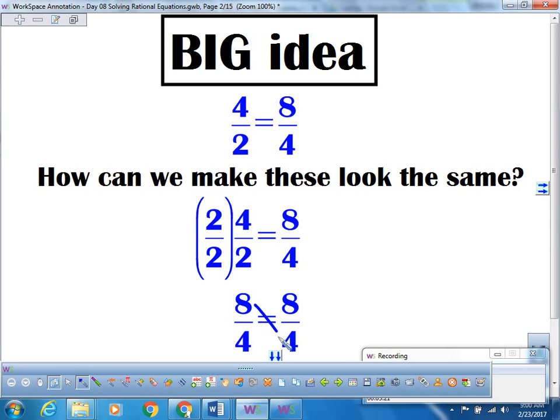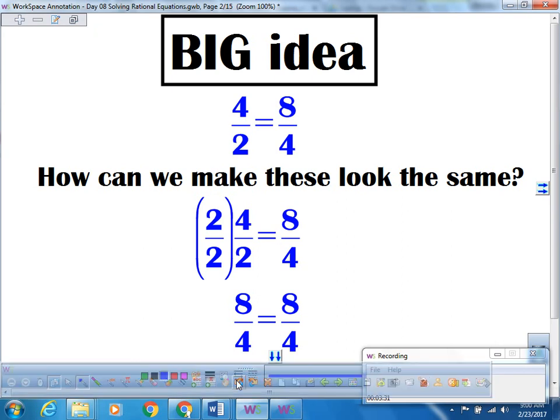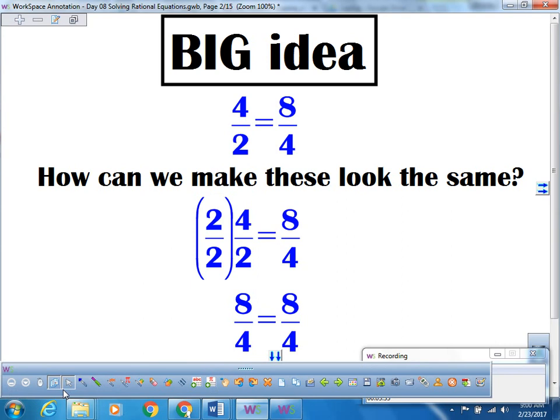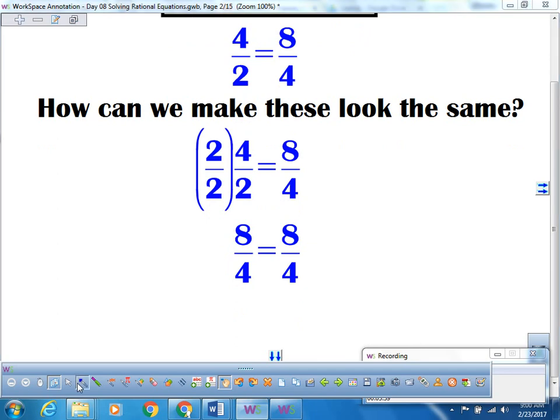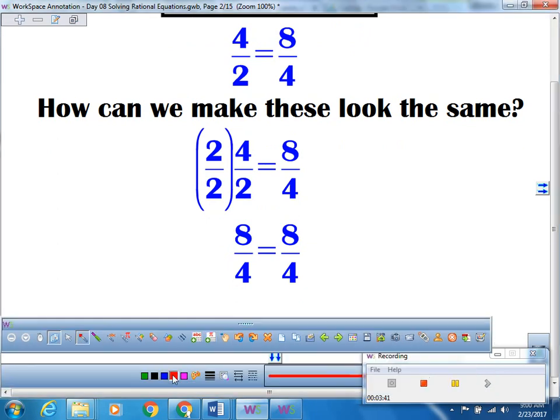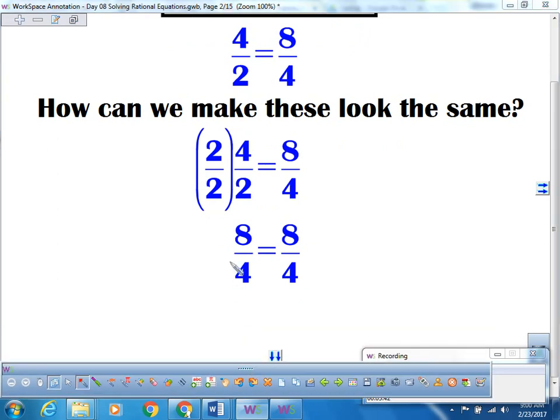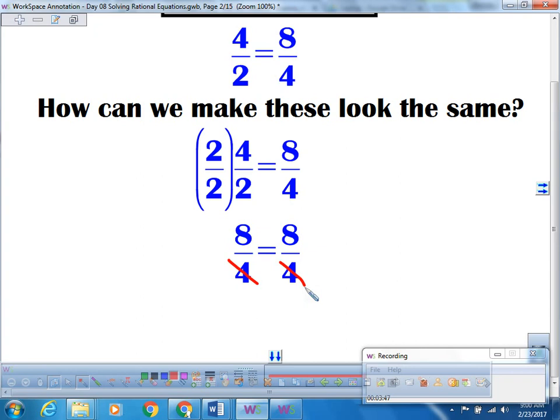You can't cross cancel. But what you were never shown, and I was never shown, I didn't figure it out until I became a teacher, is that I can cancel on each side of the equal sign. So I can, in fact, do that, right? And 8 equals 8.